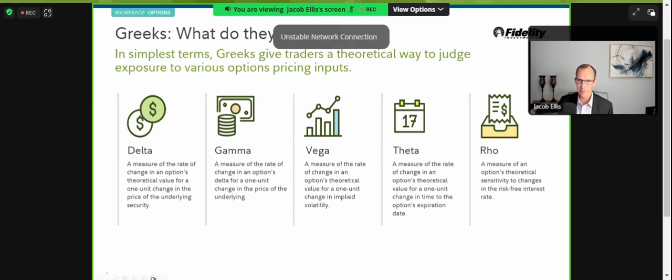Just like a gallon of milk has a specific expiration date, and the closer and closer the expiration date looms, the more likely the grocery store is to put that on sale, on deep discount, because now there's less time for a prospective buyer to make use of the milk before it curdles. Theta is that for options. You should not buy an option without looking at the expiration date.